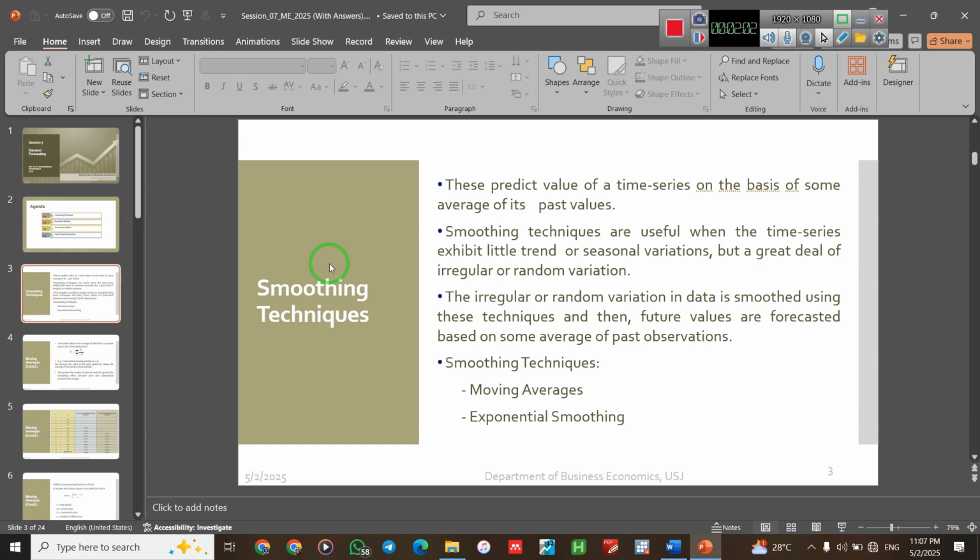So there can be irregular, seasonal or random variations in the data. By using this smoothing technique, we try to smooth the data, so that we can reliably forecast based on our past observations.